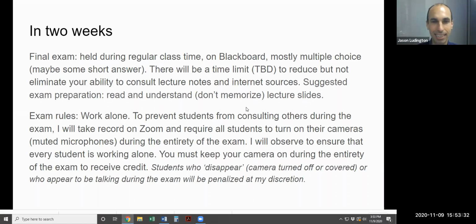So it is, yes. How long does the exam take? That I have not decided yet. But normally the exam takes 2 hours. Here's a question: if you need to use the toilet during the exam, what should you do?